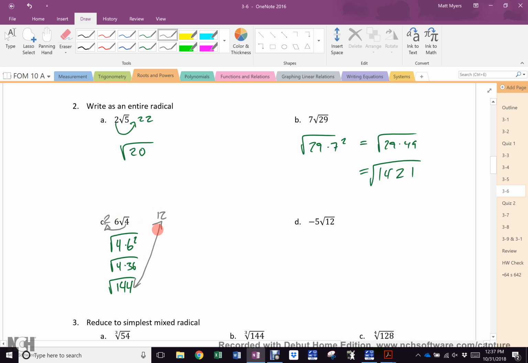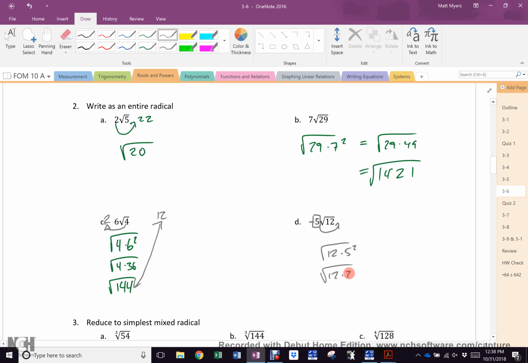Okay? What's weird about D? There's a negative. What is the coefficient? Is it negative 5 or is it negative 1 times positive 5? It's negative 1 times positive 5, isn't it? So that is all that goes back there. So it would be 12 times 5 squared, right?